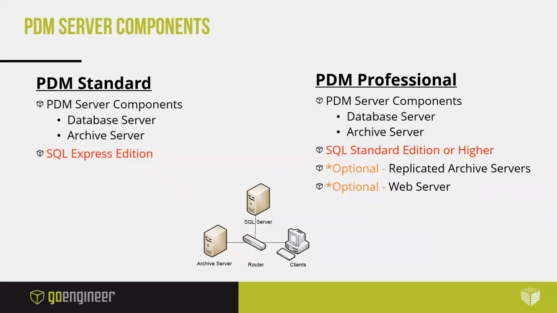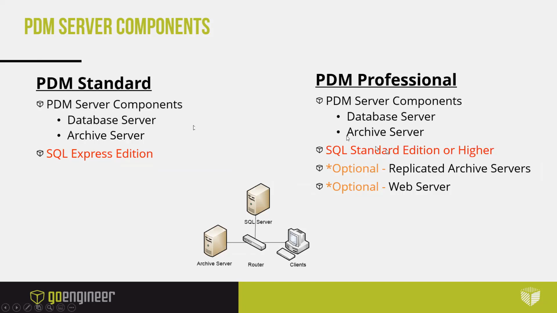On the infrastructure side, PDM Standard and Professional run on different versions of SQL. The Standard Edition runs on Express Edition. Express can be limited on the amount of people, the amount of RAM it can address, the number of cores of CPU, and that kind of stuff. I would say that when you start getting to 5, 10, 15 users or something, you might start noticing it's not as fast as it could be.